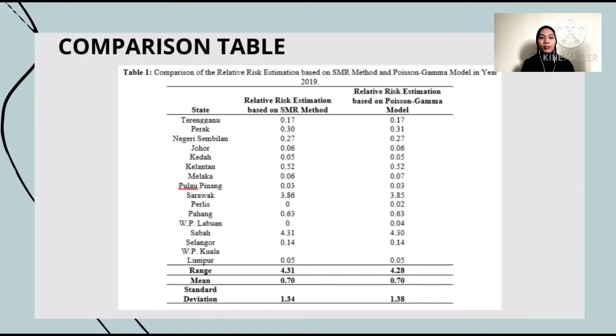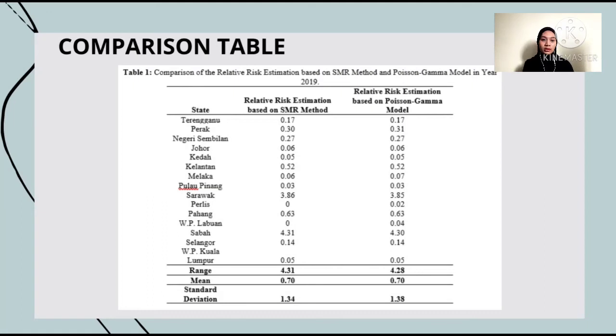This is a comparison table for 2019, comparing the relative risk estimation based on the SMR method and the Poisson gamma model. There is no big difference between these two methods, as you can see here. It's just a tiny difference.